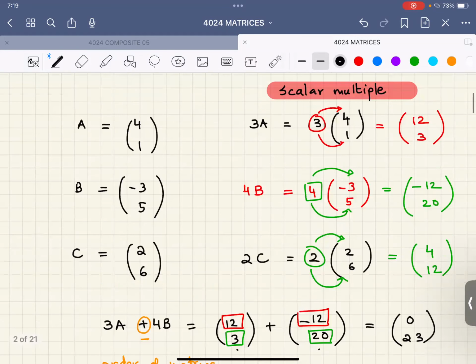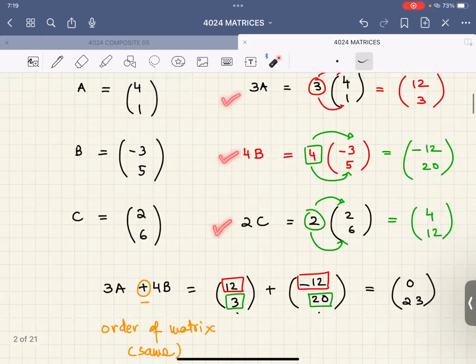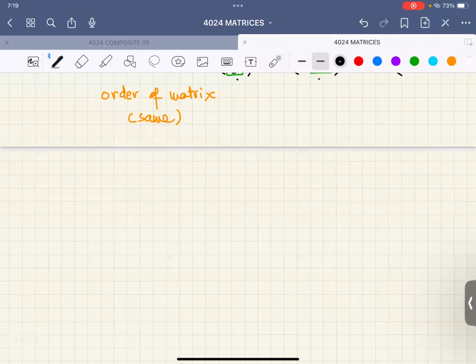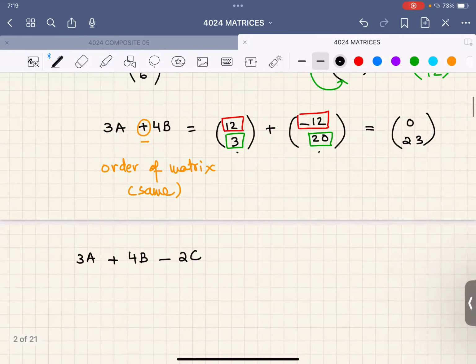Now, this time, let me start by taking 3A and 4B and 2C. So let me add it all up. So 3A plus 4B. Actually, let me subtract 2C. So we already have 3A plus 4B, which is 0 and 23.